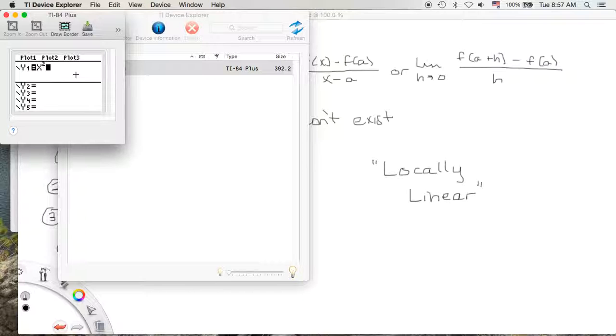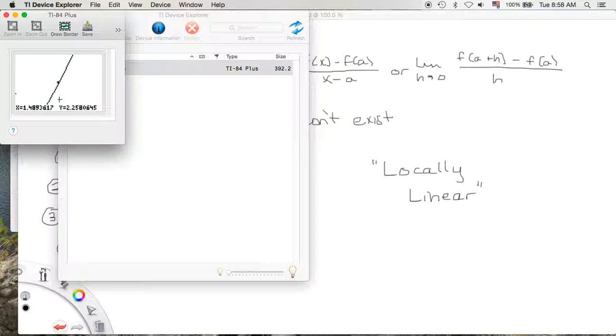If we graph that, then we can look at this and you see the whole thing, but if we zoom in, let's go up a little bit off the origin and zoom in. And keep zooming in, and you see how when you zoom in around this point it looks like a line.